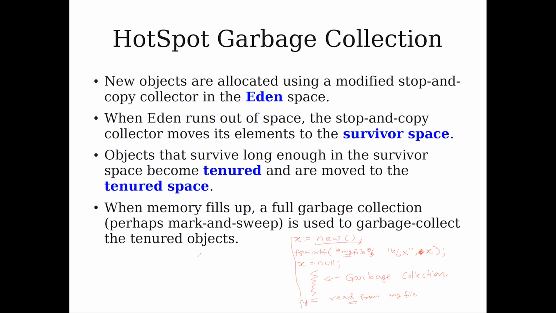In fact, I can even write another thing just after this line. I can say for y equal to 0, y less than x, y plus plus. I can add this for loop, and after this I say x equal to null.